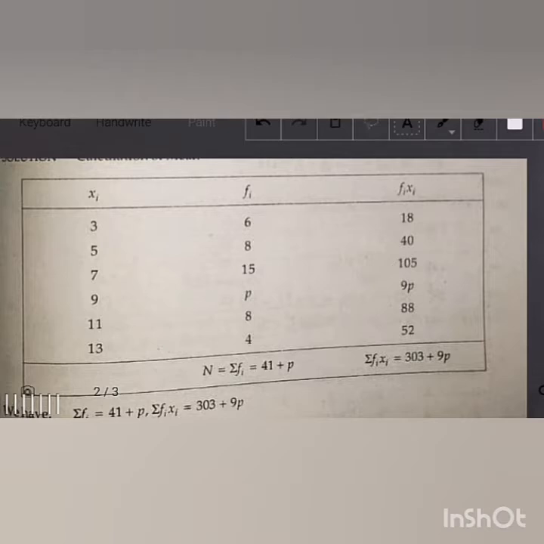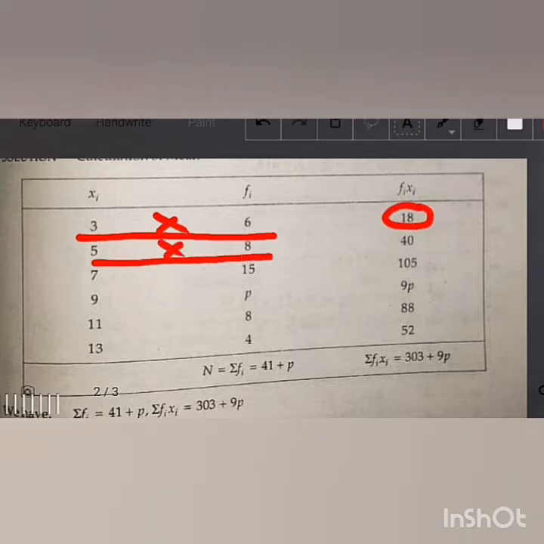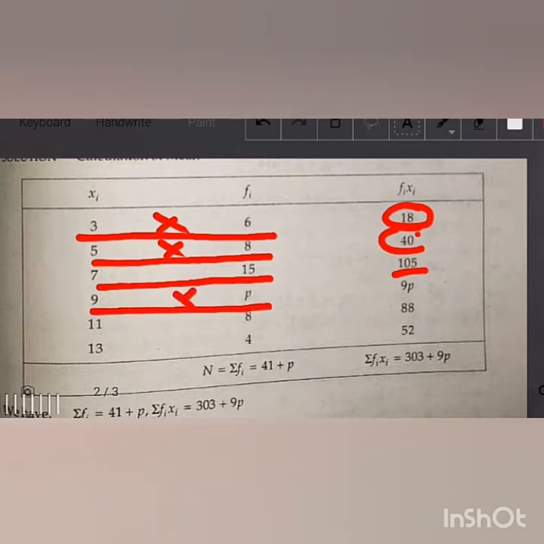That is 3 into 6 is 18, 5 into 8 is 40, 7 into 15 is 105, 9 into P is 9P, 11 into 8 is 88, 13 into 4 is 52.